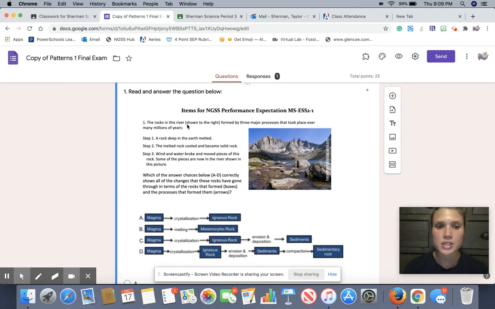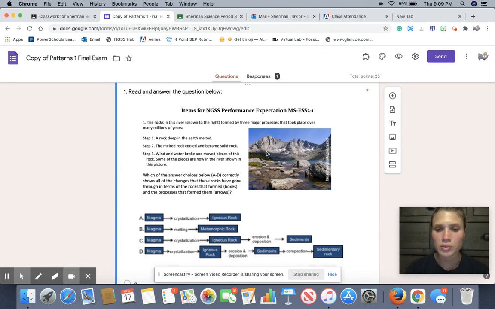It says the rocks in this river shown to the right formed by 3 major processes that took place over many millions of years. Step 1, a rock deep in the earth melted. Step 2, the rock cooled and became solid rock. Step 3, wind and water broke and moved pieces of the rock. Some of the pieces are now in the river shown in this picture.